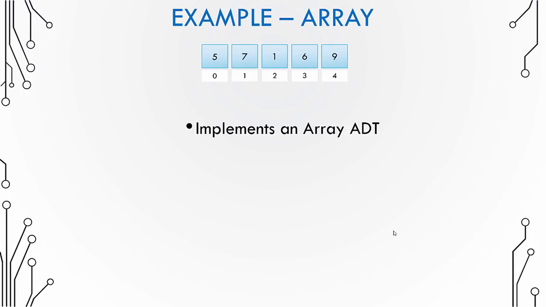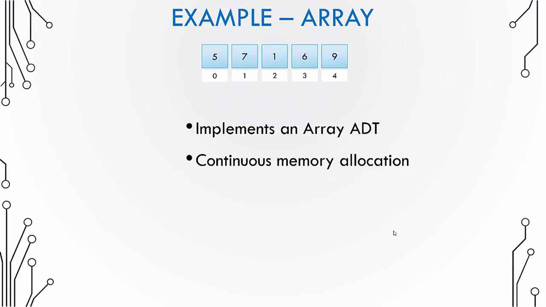So if you have to implement an array abstract data type, then you will say that the memory allocation is continuous. In any programming language, an array is basically a collection of objects that sit beside each other in memory, so they are allocated continuously.